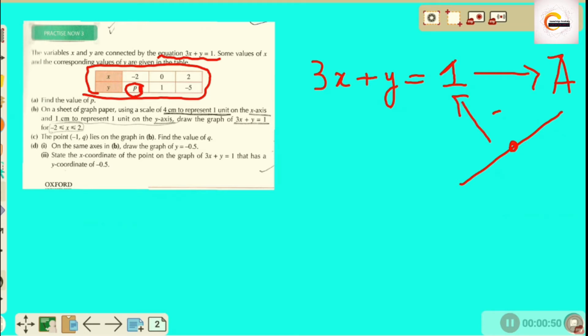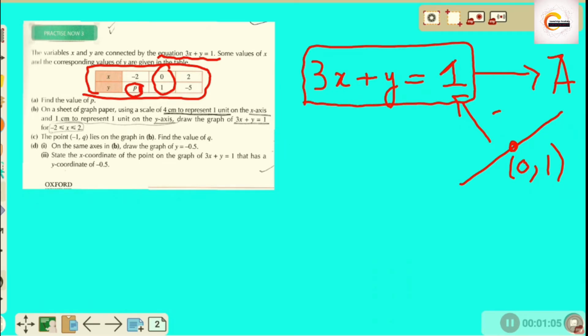So suppose the point 0 comma 1 lies on the straight line whose equation is this, 3x plus y. I'm going to put these values in this equation A. 3x is 0, plus y, I have to put the value of y as well, y is 1.